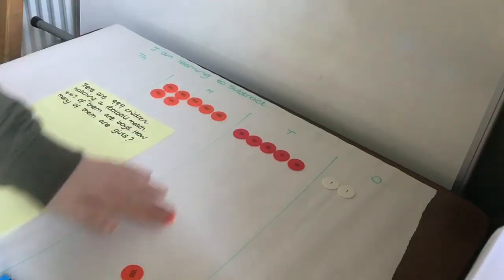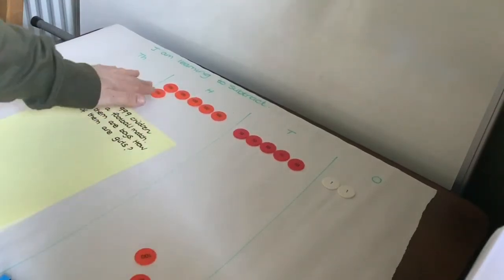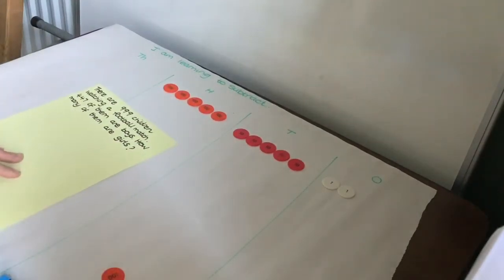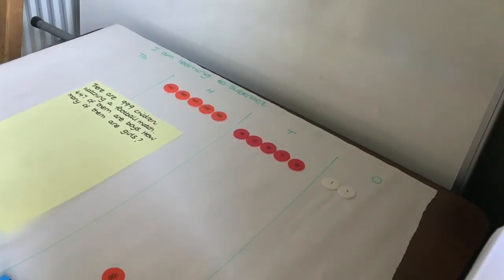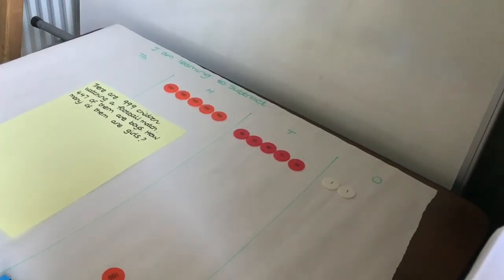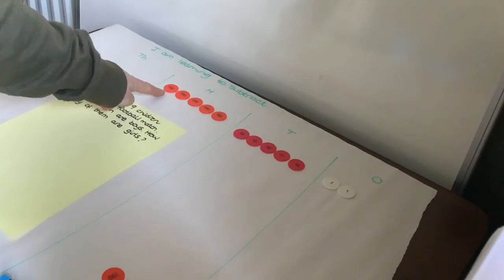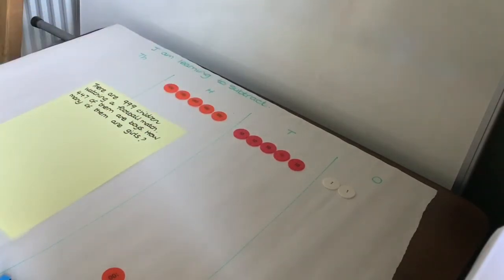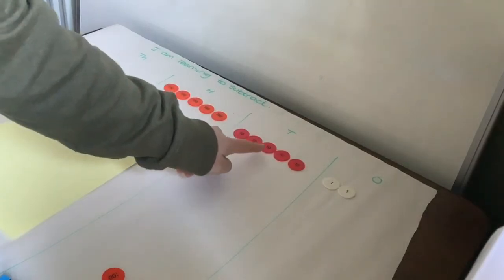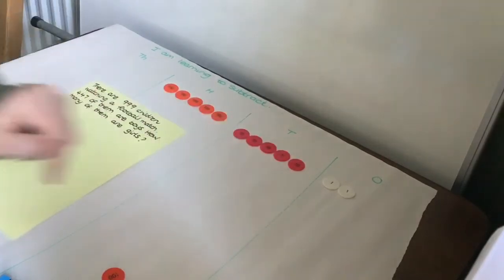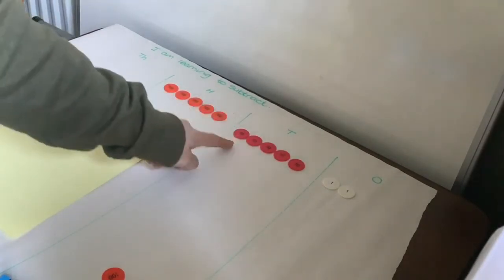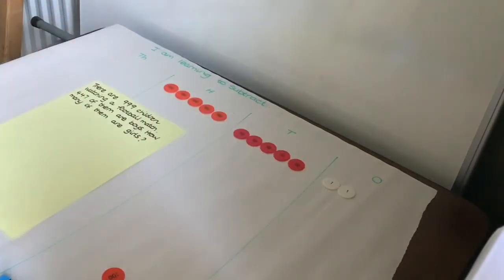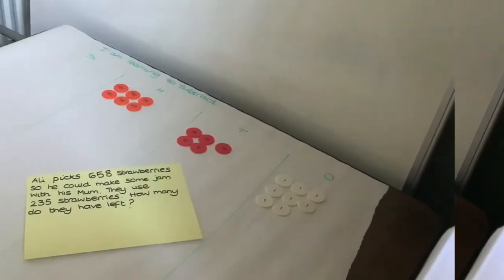So 1, 2, 3 and 4. So our 447 has been subtracted from 999 and that leaves us with 100, 200, 300, 400, 500. So 5 hundreds. 1, 2, 3, 4, 5 tens. So 5 hundreds, 5 tens and 2 ones, which means we have 552 girls.